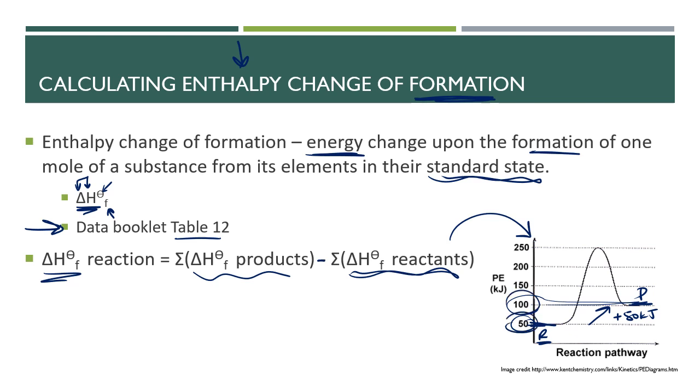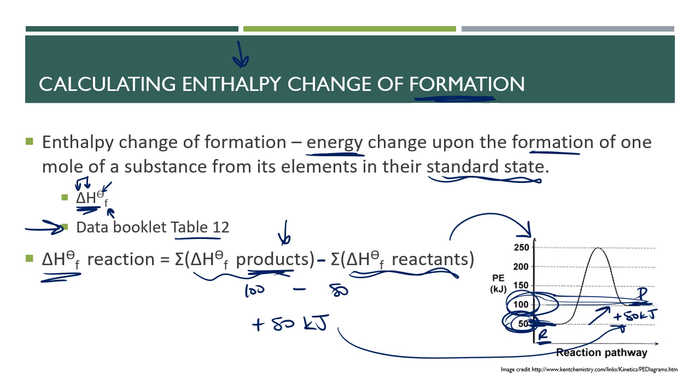If I use these numbers in this equation, products are 100 minus reactants are 50. Again, I get positive 50 kilojoules as my delta H of reaction, my heat of reaction. We have a positive or endothermic 50 kilojoules of energy required to get from reactants to products. Good. So this is what it looks like in a potential energy diagram.